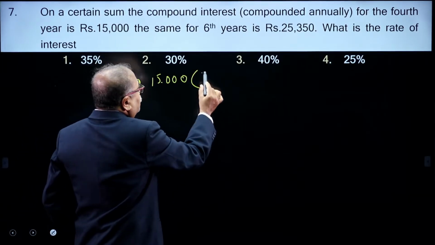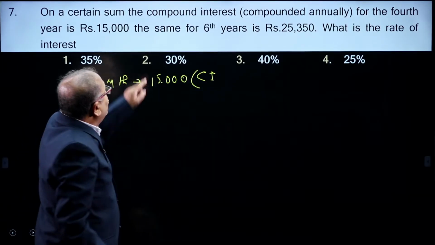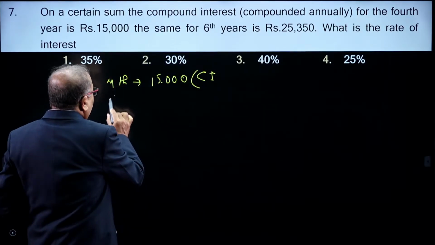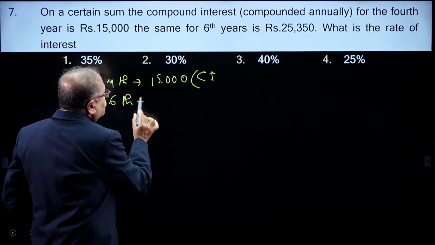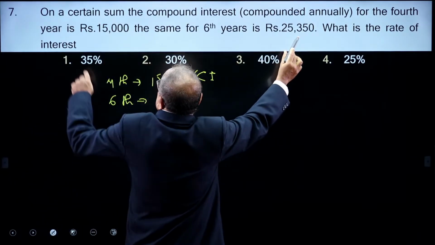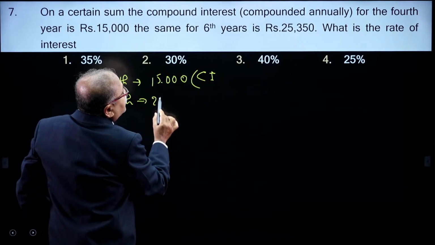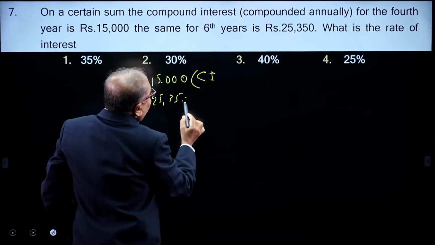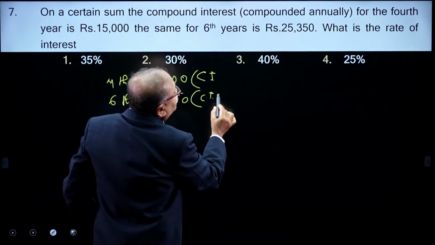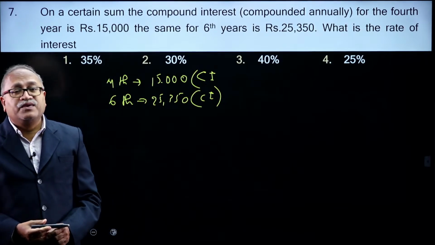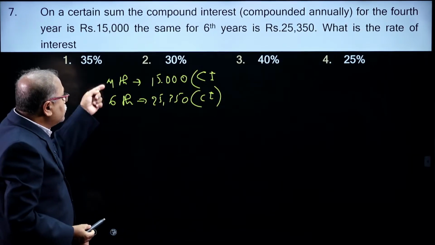This is CI, compound interest, and the same for the 6th year. Now, the 6th year interest is also given to us, which is 25,350. So, this is also compound interest. So, what is the rate of interest? How do I get the rate of interest? Now, the period is not the same.